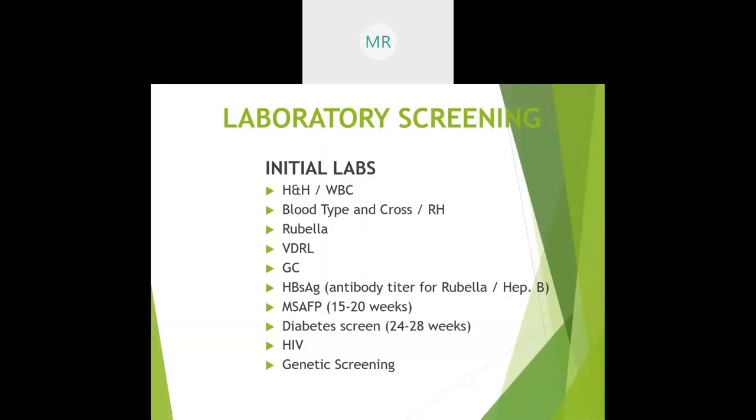If 2 or more are high, so fasting 105, 1 hour 190, 2 hours 165, 3 hours 145, if 2 or more of these levels are higher, then she will be positive for gestational diabetes.